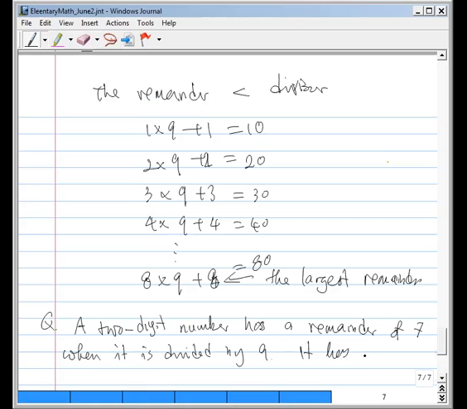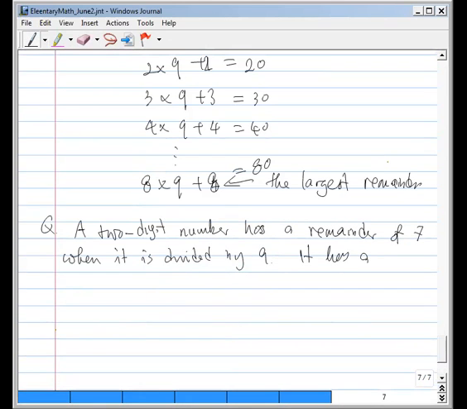And it has a different remainder here, a remainder of 5, when it is divided by 7. What is that two-digit number?